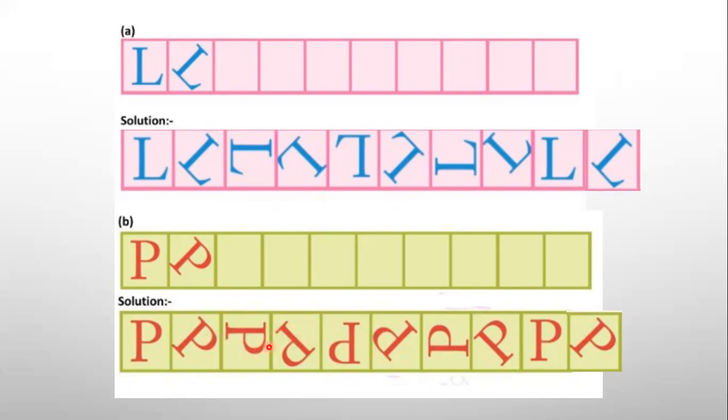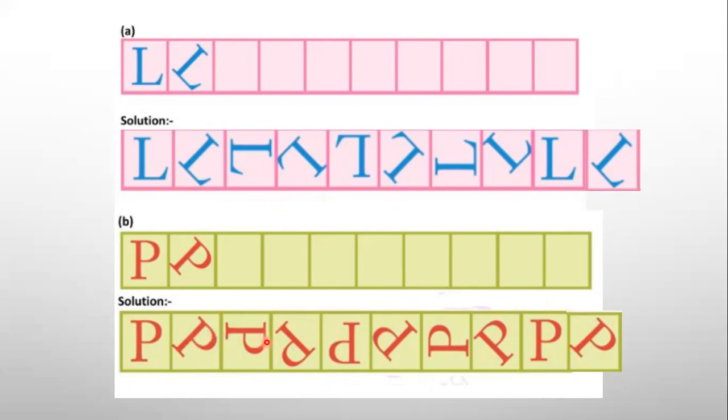So 1, 2, 3, 4. 4th turn, it will be looking upside down in the inverted position. And again, 180-degree. Again in the 180-degree turn, in the 8th column, it will be looking the same.